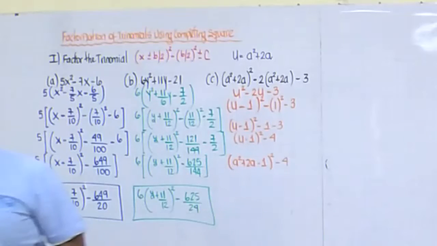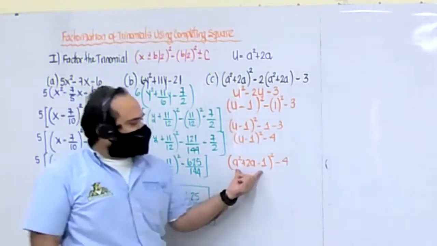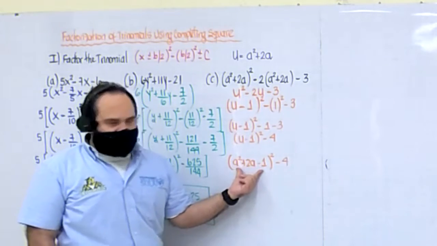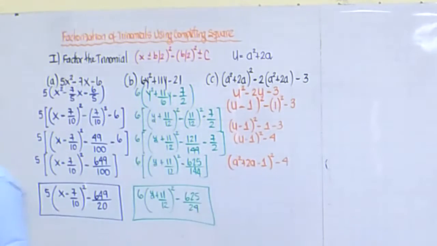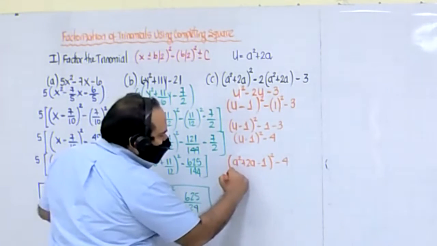And you're going to ask, okay, mister, is that all that we have to do in this expression? Not yet, because inside these parentheses, we have a perfect square trinomial. We must try to factorize the expression once again inside the parentheses, applying once again completing the square.